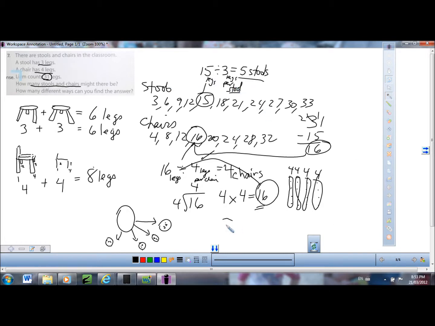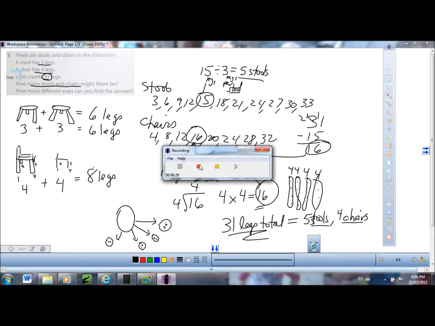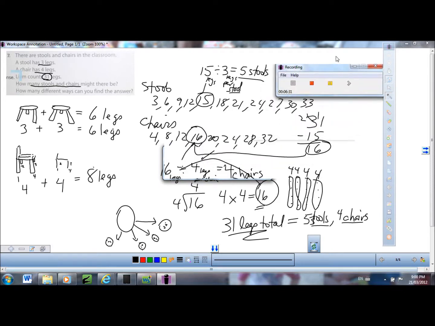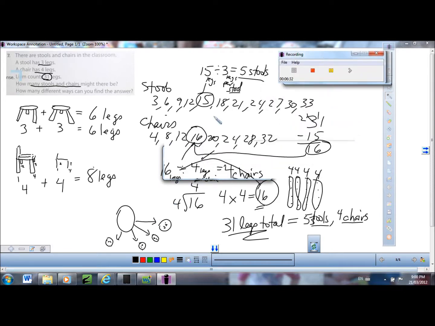So if you want 31 legs total, it's equal to 5 stools and 4 chairs combined. So if you were to add all the legs from 5 stools and 4 chairs, you would get 31 legs total. So this is an example about how you can use related facts to prove that you're accurate.